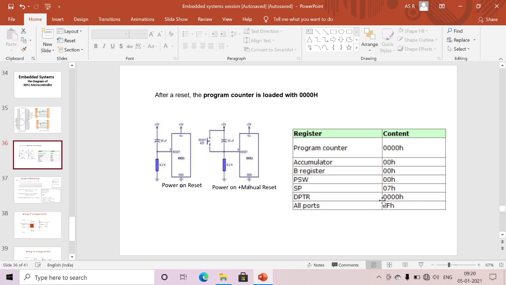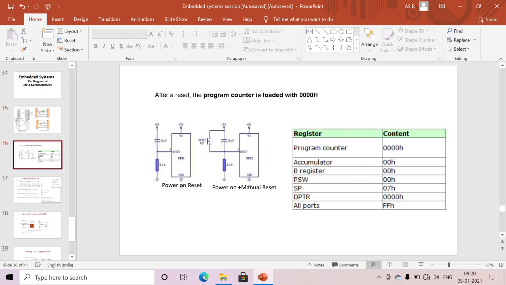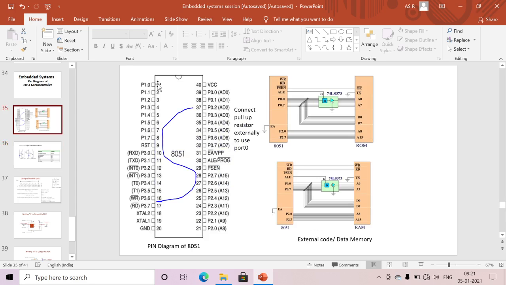Upon a reset, all ports are FF, which means if I connect an LED, that will be turned on. That we'll discuss in the practical sessions. Right now we just need to understand all ports will be FF, meaning all port pins are 1 1 1 1 1 1 1 1.